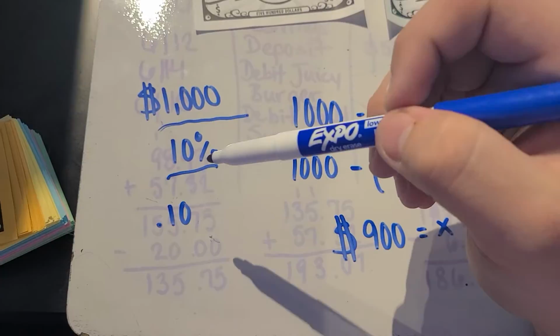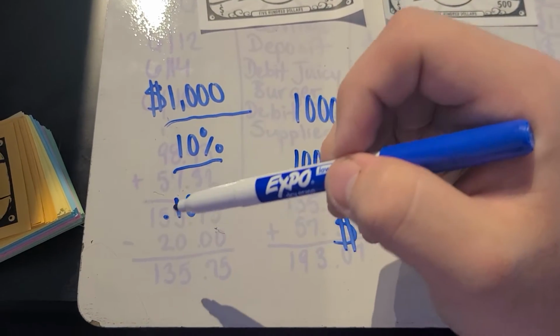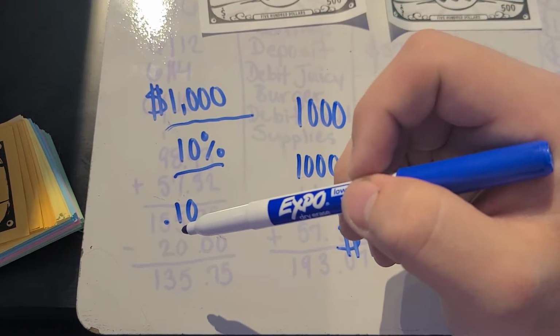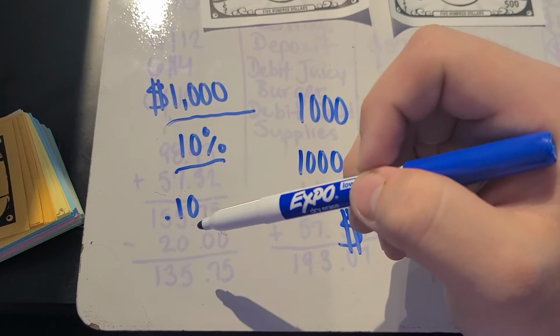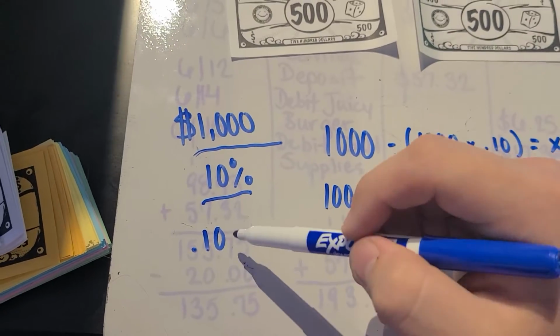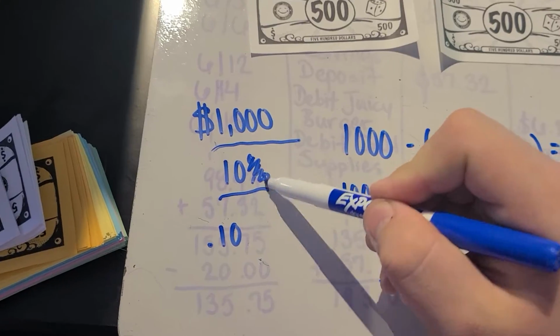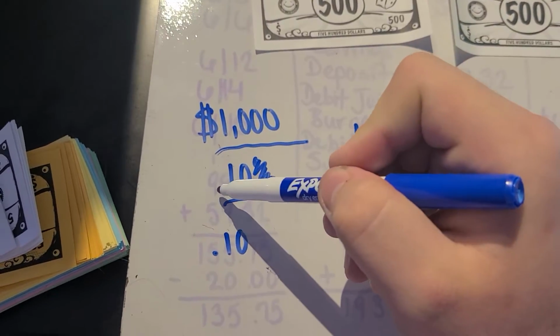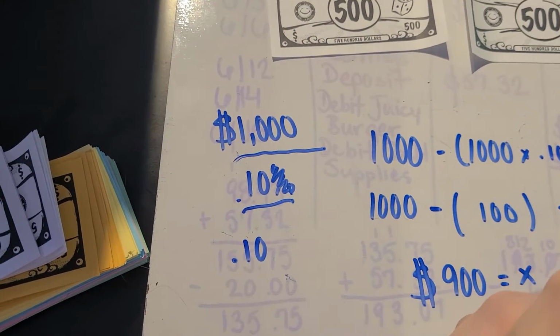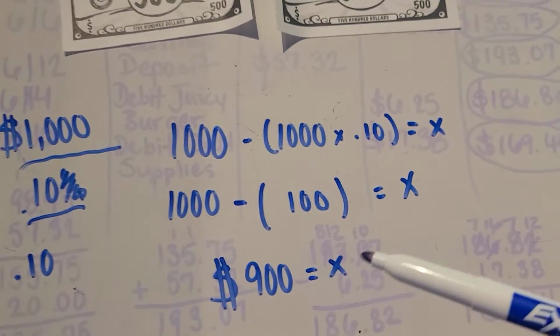Since we have a whole number here, 10%, we're going to follow that into the 10th place and the 100th place right here. So therein lies, we can nix out our little percentage symbol right here, put a decimal point, and then we're going to plug it into our equation right here.